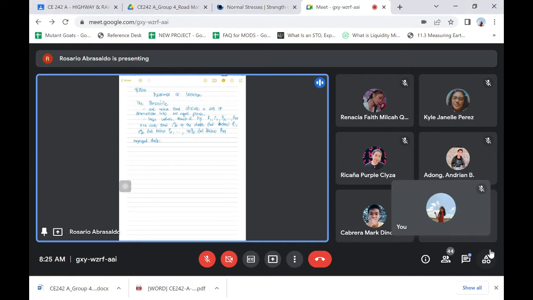The formula is P sub n is simply equal to n over 100 times N, okay.